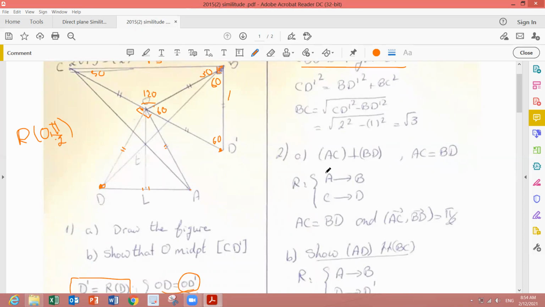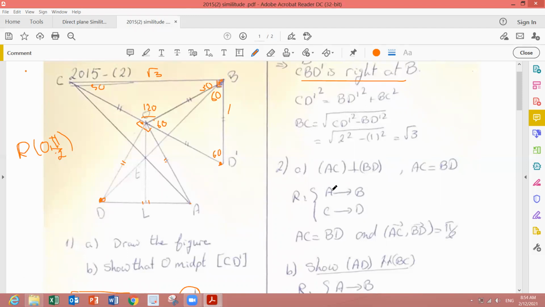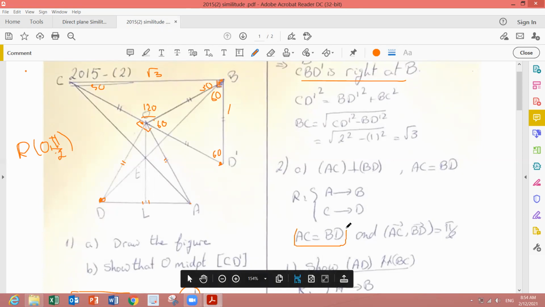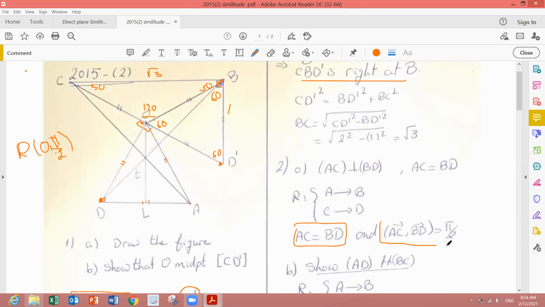From the given, the rotation of A is B, and the rotation of C is D. By the definition of the rotation, we get AC equal BD, and angle between AC and BD equals 90.